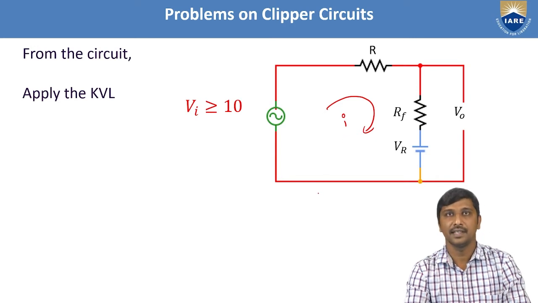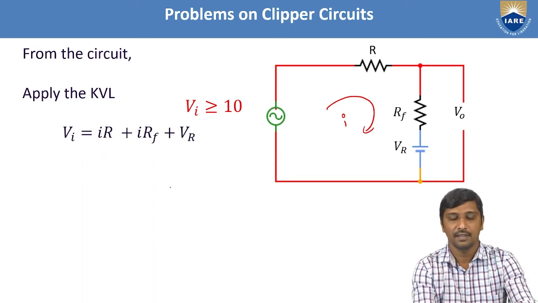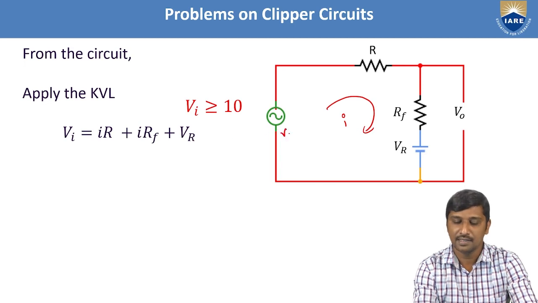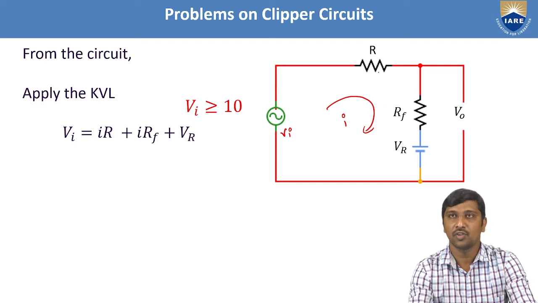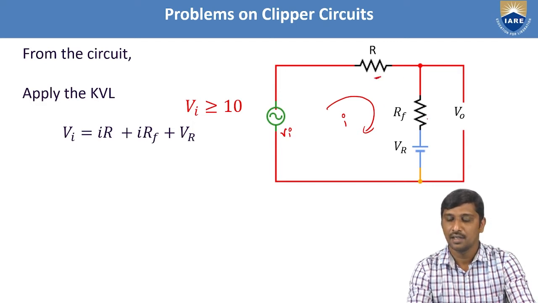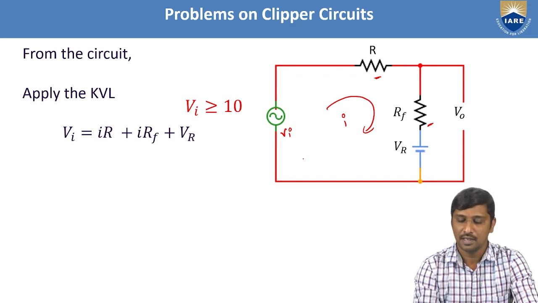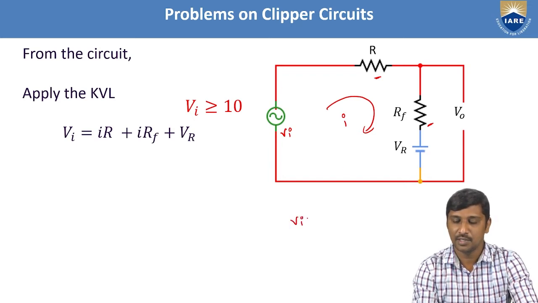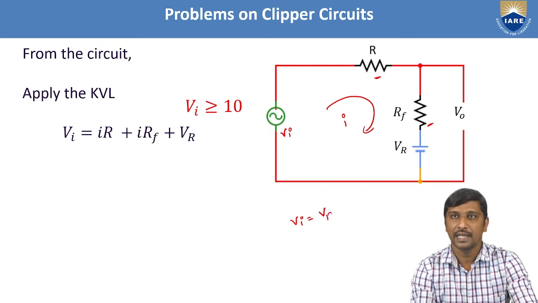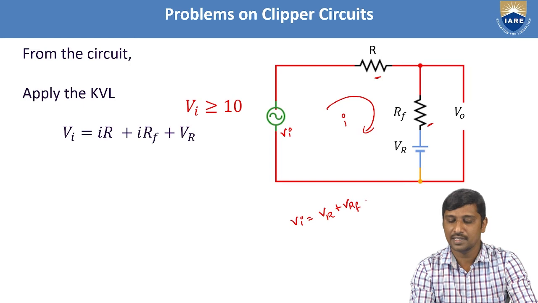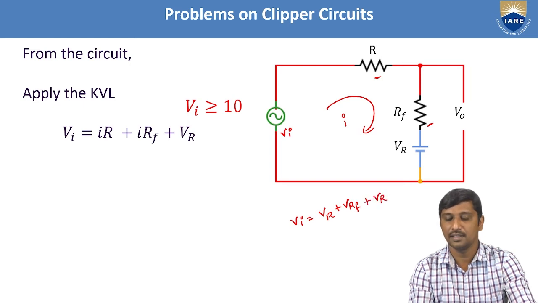So VI is equal to the voltage drop across this resistance, along with the voltage drop across this RF and the voltage drop across this reference voltage. So hence I'm going to write like this: VI is equal to the voltage drop across R, the voltage drop across the RF resistance, and your reference voltage VR.